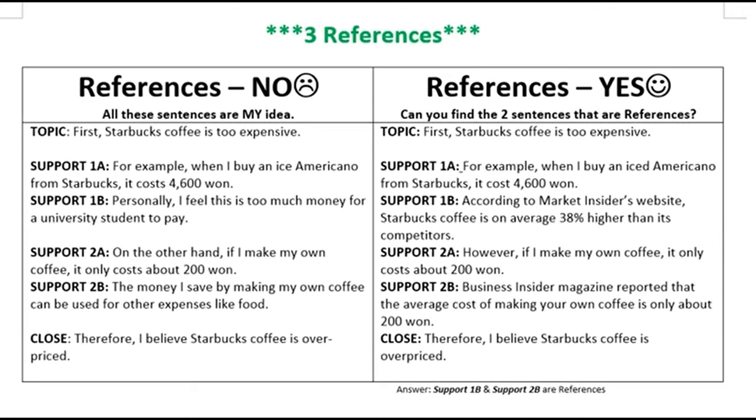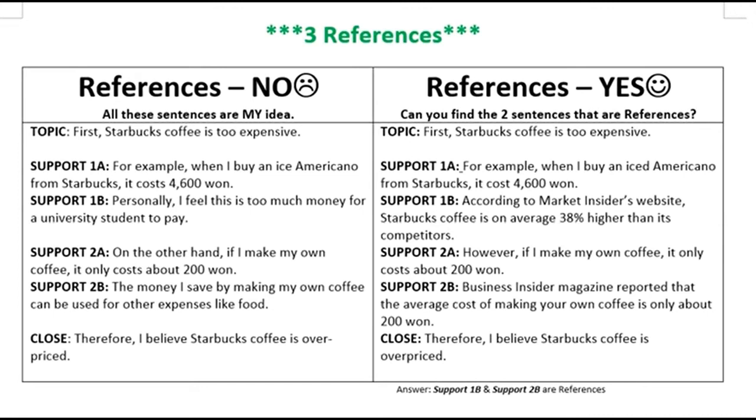Okay, let's read this topic. First, Starbucks coffee is too expensive. Support 1A. For example, when I buy an iced Americano from Starbucks, it costs 4,601. Personally, I feel this is too much money for a university student to pay.